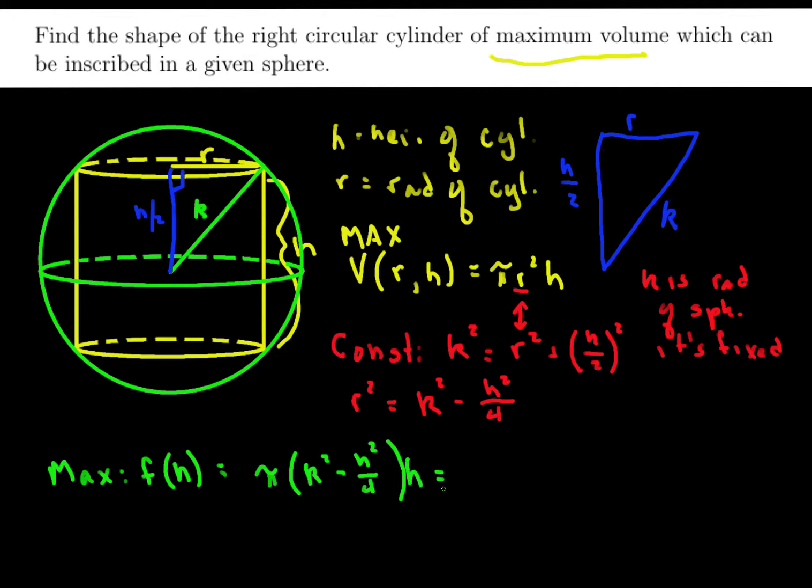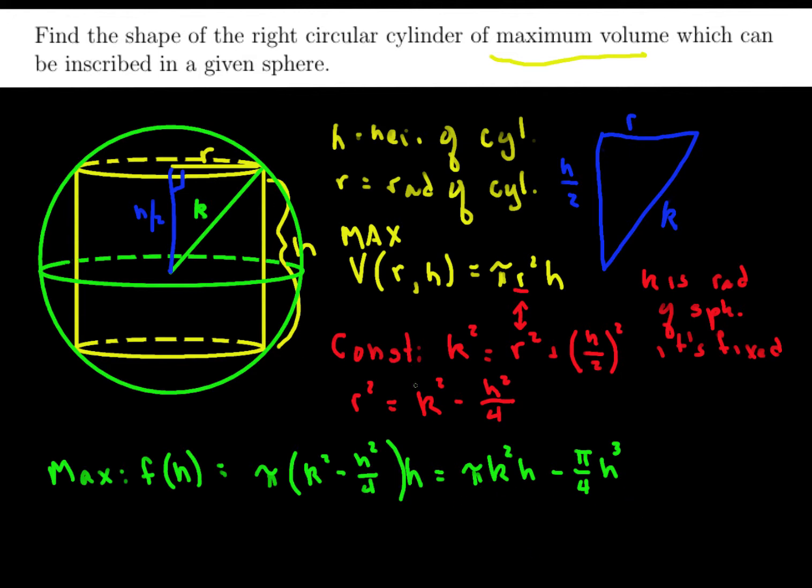And if I multiply this out, this is going to be pi k squared h minus 1/4 pi h cubed. So this is a function we want to maximize.